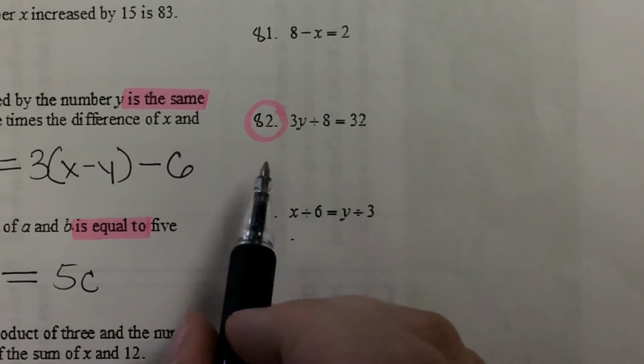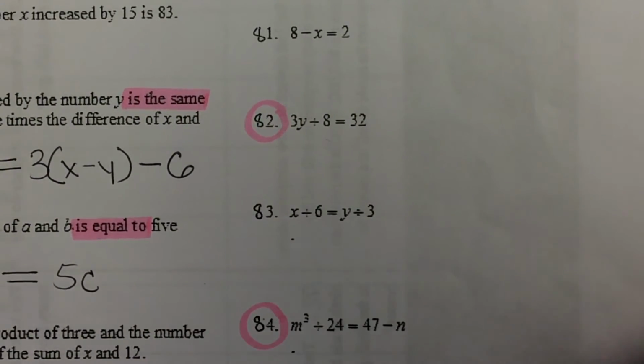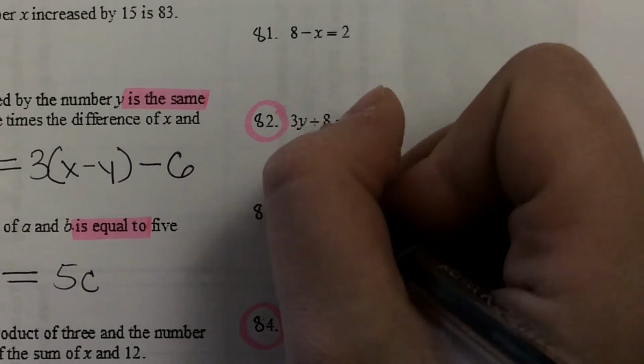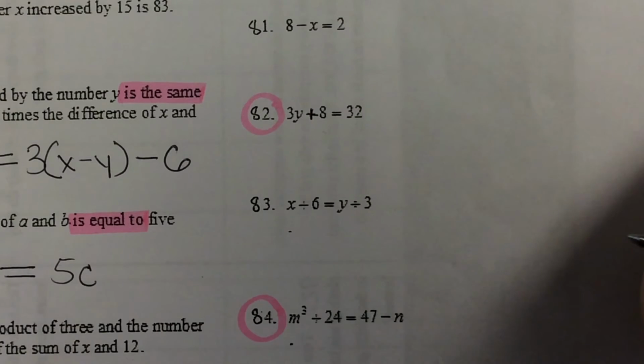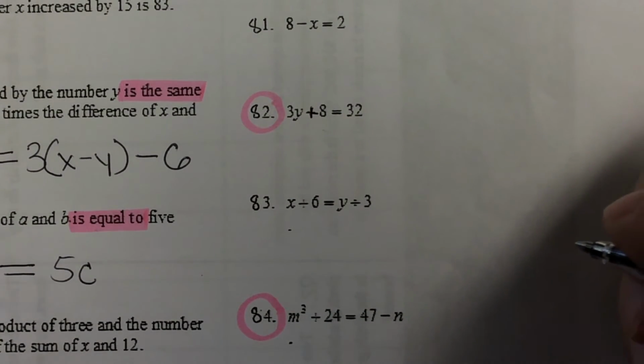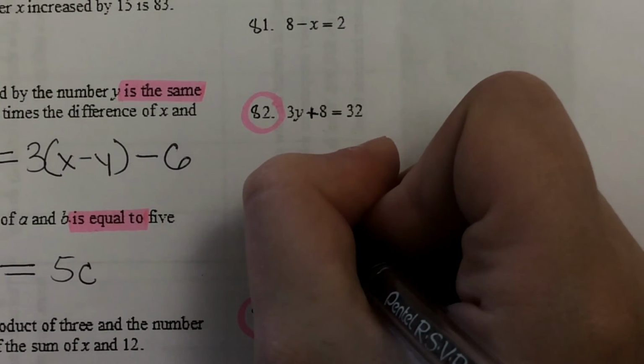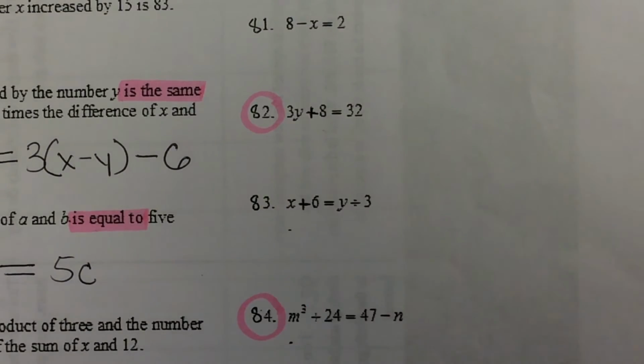82, 3y. Some of these division and plus signs are hard to decipher between. So I'm going to say that this is addition. Follow along with me here real quick so that I can give you the right information. I'm going to say that this is also addition. This is x plus 6.